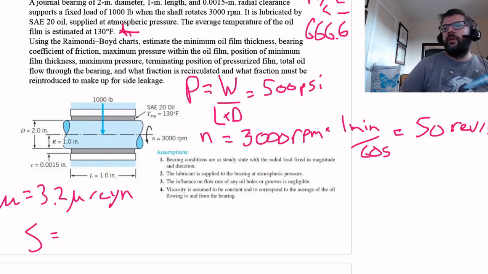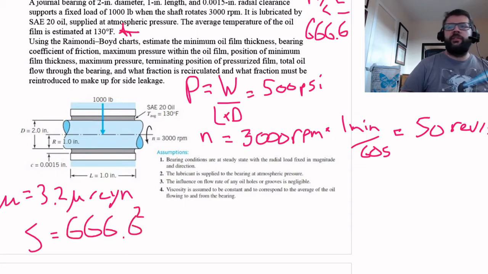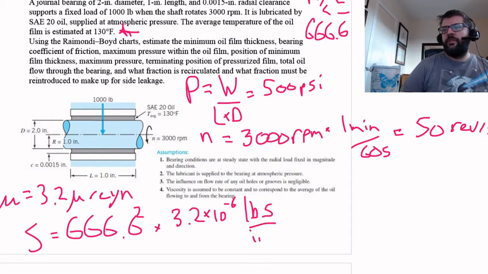So we start with 666.6, our R over C ratio. We square that, then multiply by our viscosity, 3.2 times 10 to the negative 6 because it's a microreyn, in pounds second per inch squared, times our rotational speed, 50 revolutions per second. The seconds cancel out.